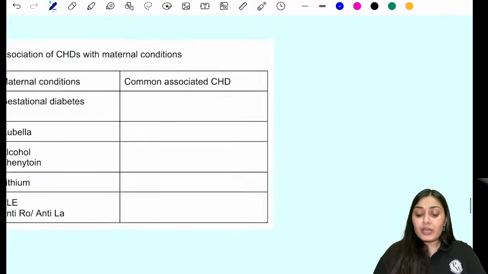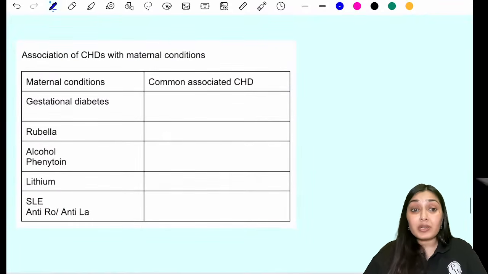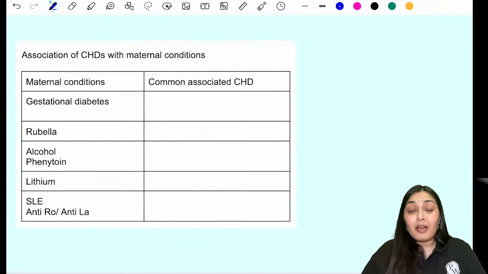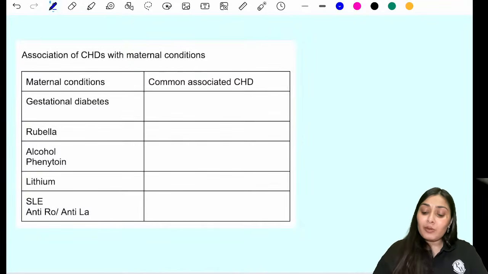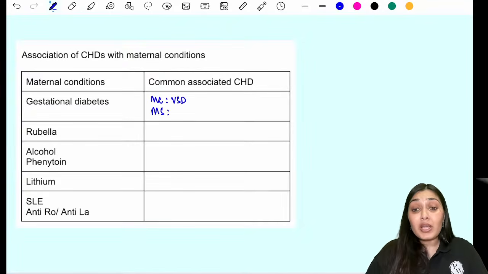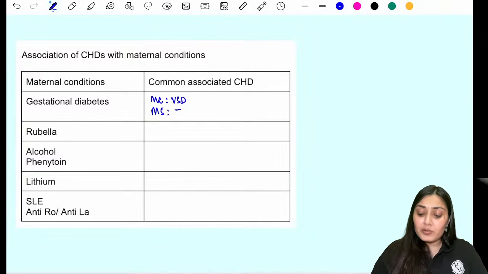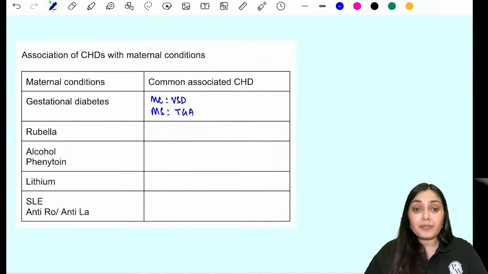Some of the congenital heart diseases are associated with certain maternal conditions. For example, gestational diabetes. If the mother has gestational diabetes, then the child has chances of developing CHD. The most common CHD is ventricular septal defect, and the most specific one is transposition of great arteries.